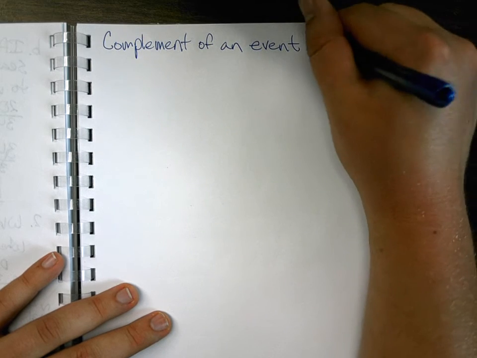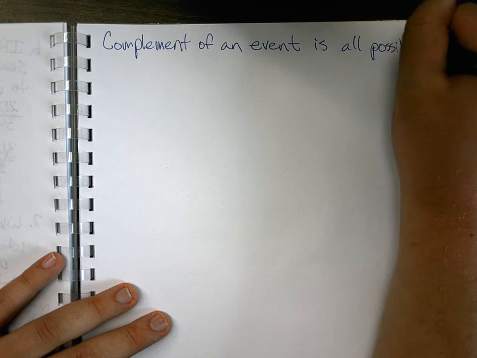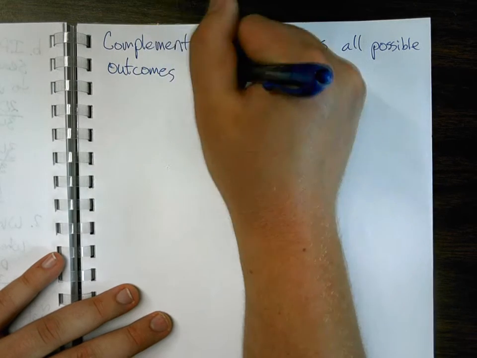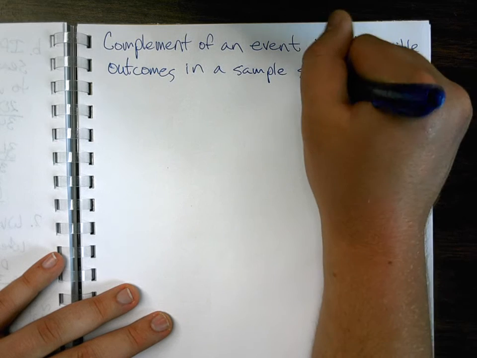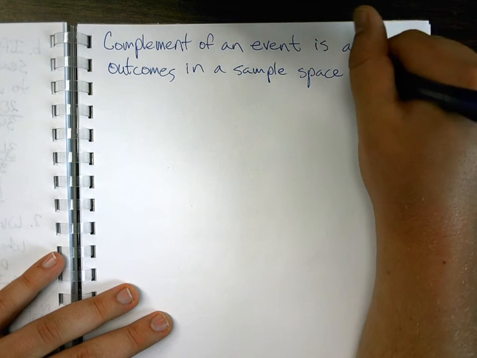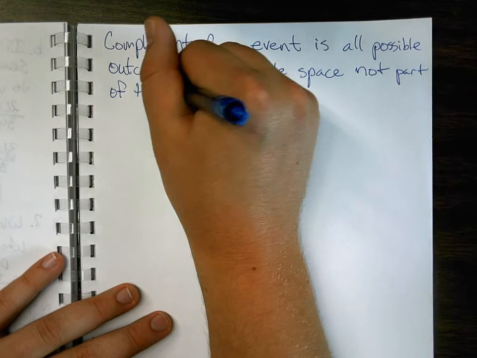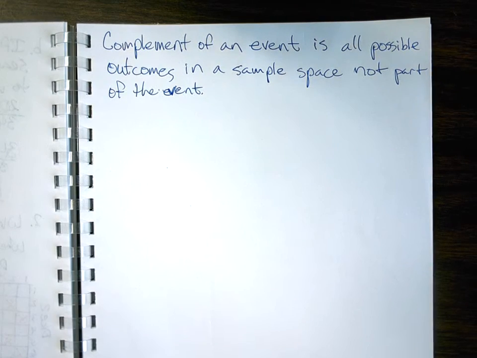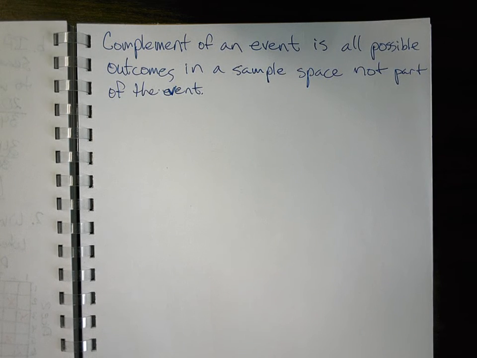The complement event is all possible outcomes in a sample space not part of the event.